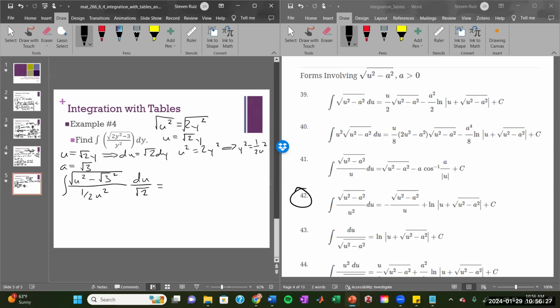Let's pull out some stuff. Dividing by 1/2 is the same as multiplying by 2, right? So I think I can pull out a 2 over radical 2 times the integral of the square root of u squared minus radical 3 squared, over u squared, du.